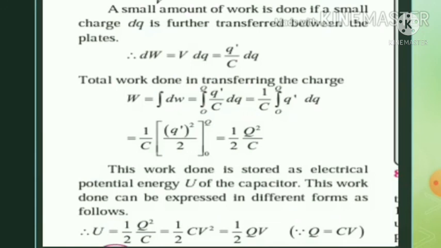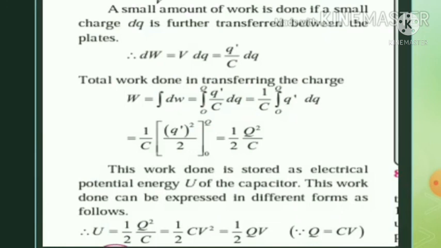For this purpose, we use the relation between charge, capacity and potential, Q equal to C into V.